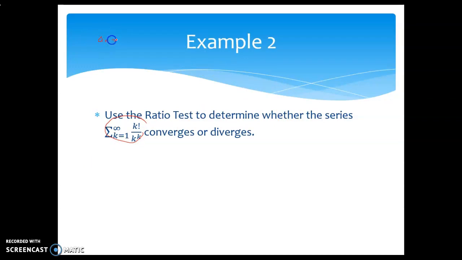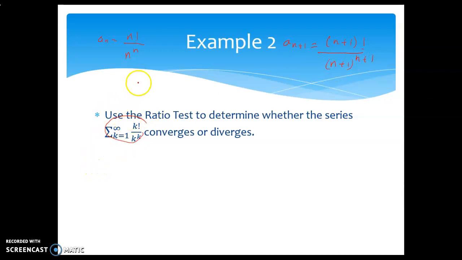My a of n equals n factorial over n raised to the power of n, and then a of n plus 1 is going to be equal to (n plus 1) factorial over (n plus 1) raised to the power of n plus 1.